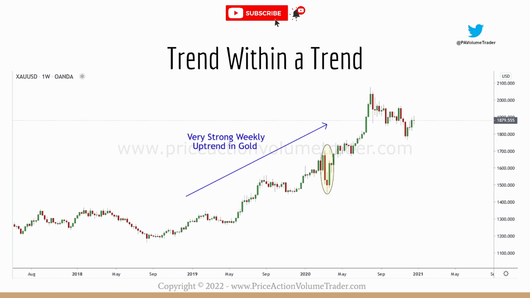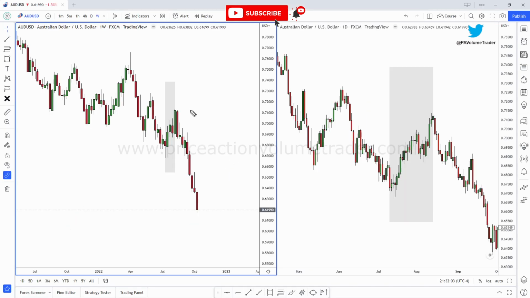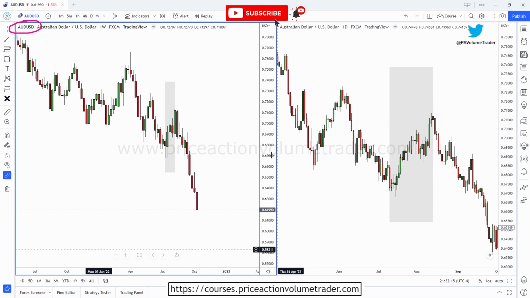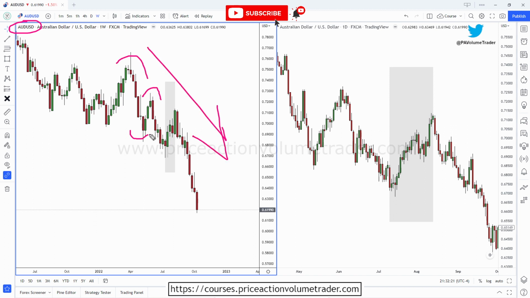Okay, and if we go quickly just into TradingView, pretty much the same concept we were talking about, here we have a forex chart, Australian dollar, US dollar, and as you can see right here, we have a clear downtrend, price making lower highs, lower lows.